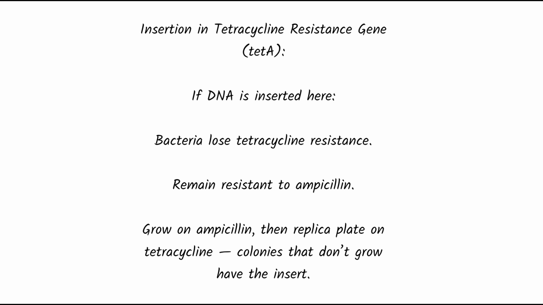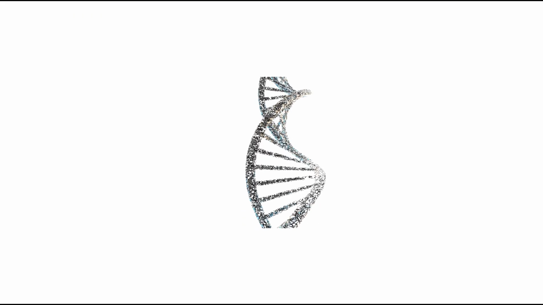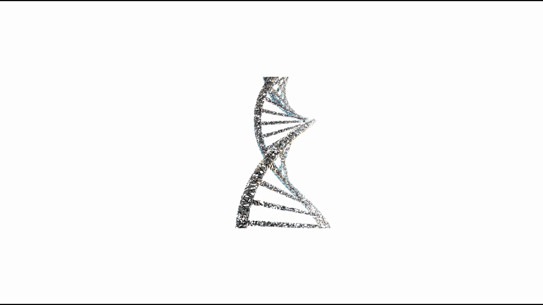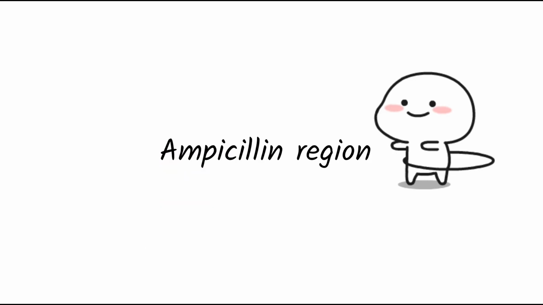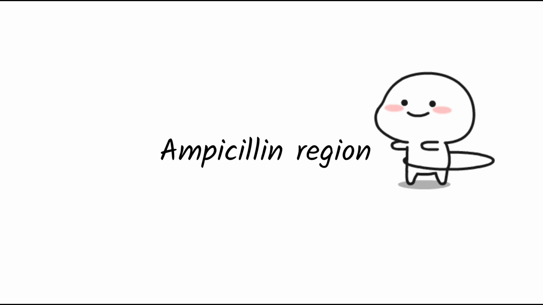But the non-recombinants will grow on the medium containing both the antibiotics. In this case, one antibiotic resistance gene helps in selecting the transformants, whereas the other antibiotic resistance gene gets inactivated due to insertion of the alien DNA. So if we insert a DNA, the gene becomes inactive, it will not grow in the tetracycline medium, whereas in ampicillin medium it will grow. So it helps in selection of the recombinants.